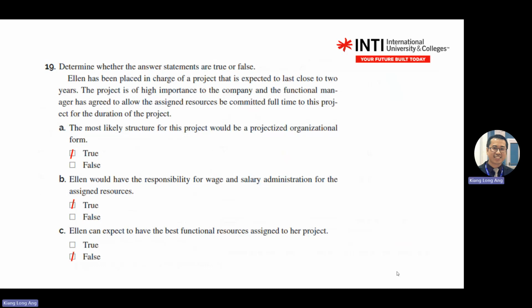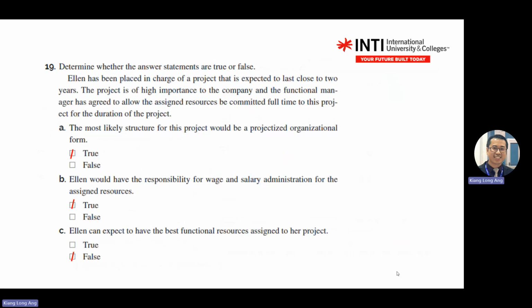Okay, so this one is false because the functional manager agreed to allow the assigned resources to be committed full-time. Here it does not mention best.